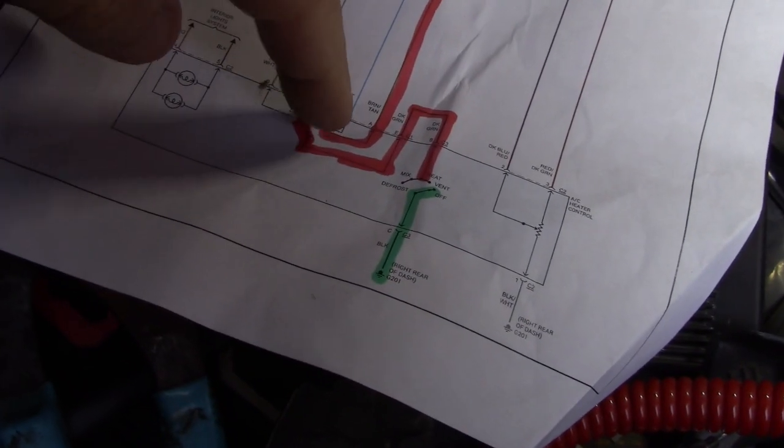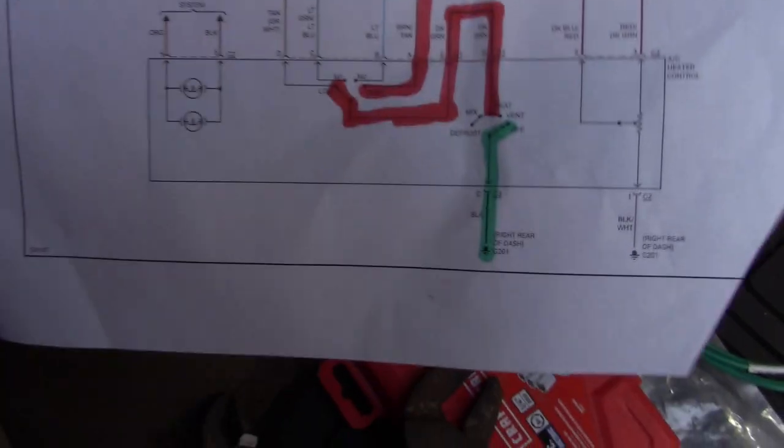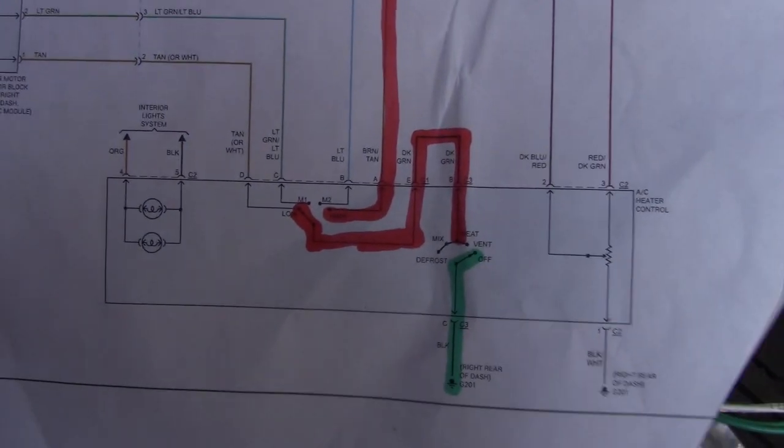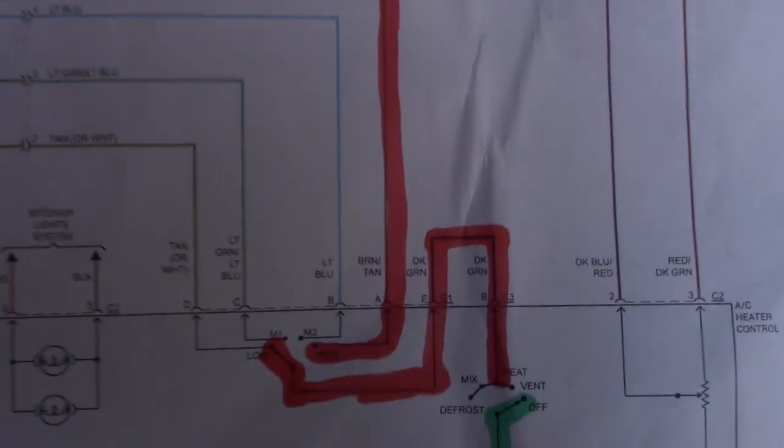So what we're going to do is look on the switch. I already have it pulled out, and we're looking for the brown and tan. You see that brown and tan? Let me get my test light here.